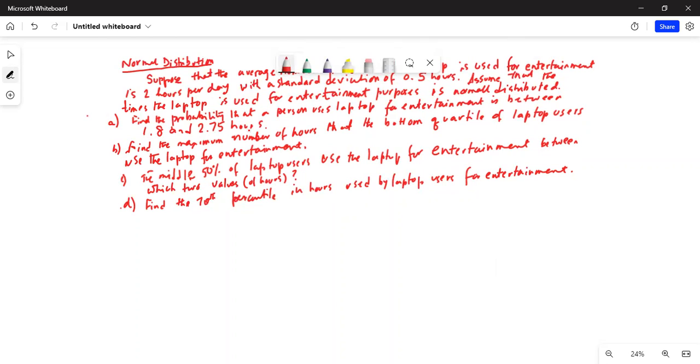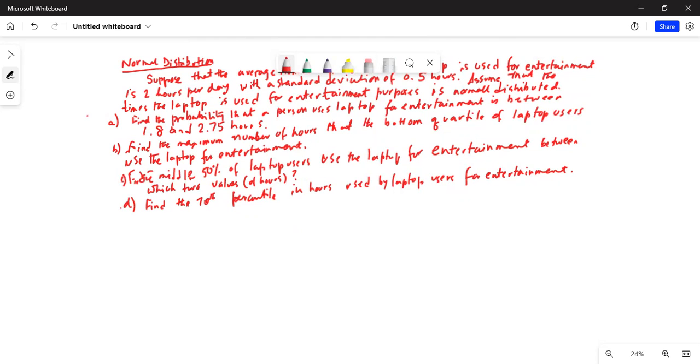And then part B, find the maximum number of hours that the bottom quartile of laptop users use the laptop for entertainment. Part C, this should be find. So find the middle 90% of laptop users use the laptop for entertainment between which two values? Okay, which two values of hours?